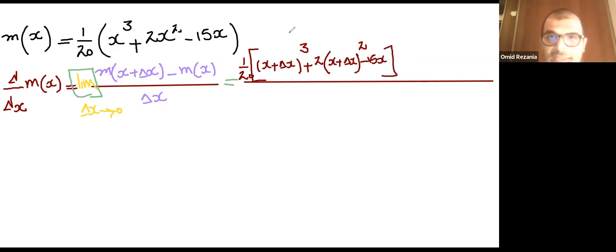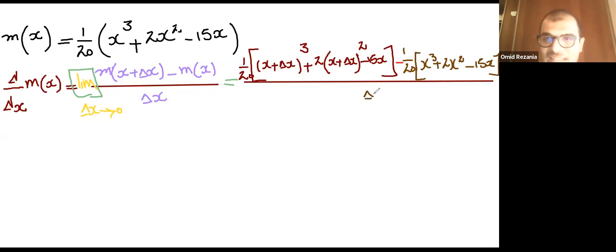Then, minus, the next term is going to be 1 over 20 times x cubed plus 2x squared minus 15x.